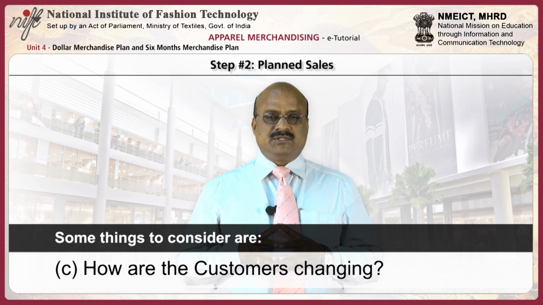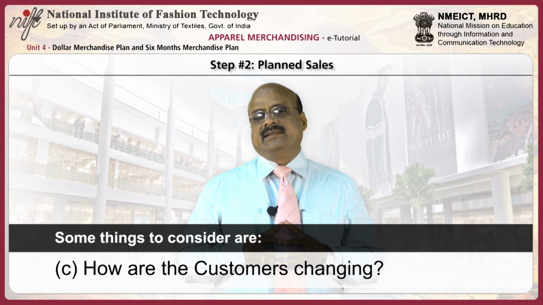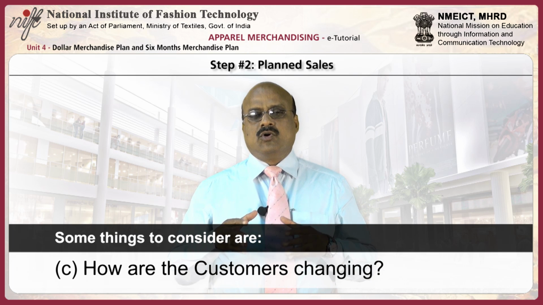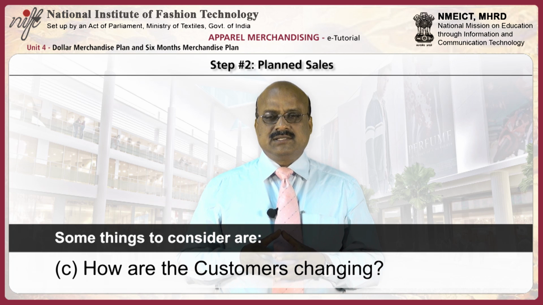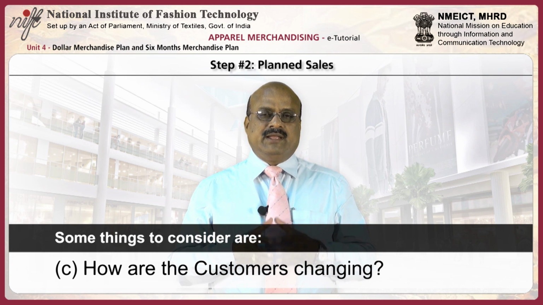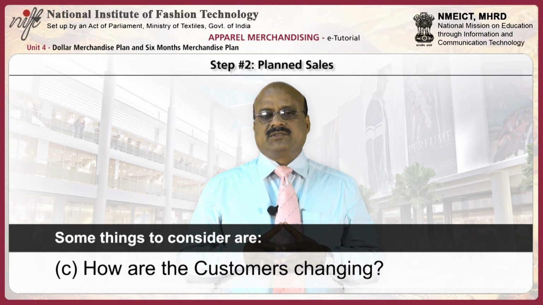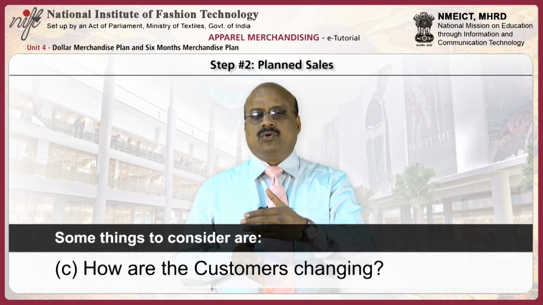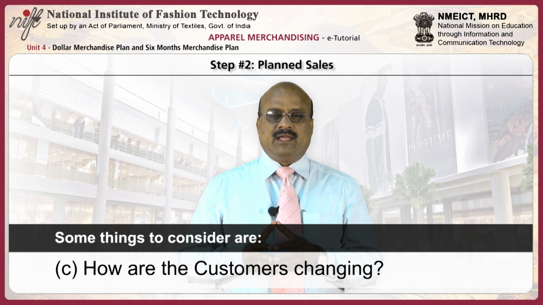How are the customers changing? This has more impact on planning at the class level and is more noticeable in the areas of fashion. Are there new styles or markets that pose either an opportunity or a threat to this class of merchandise? Consider the case of a family shoe store where western boots as a class were expanding.